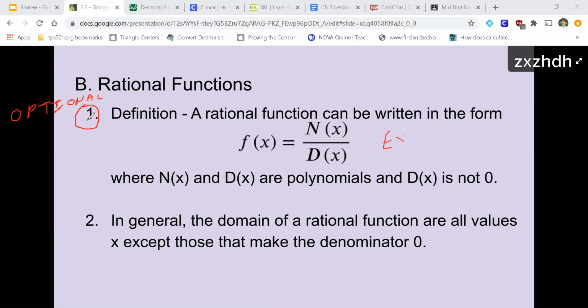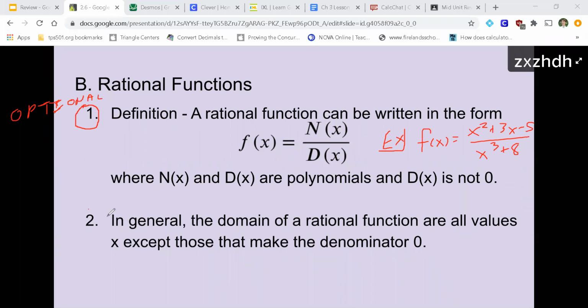So for example, you could probably get by with just writing this example. X squared plus 3x minus 5 over x cubed plus 8. That is a rational function. It's got a polynomial in the numerator and a polynomial in the denominator. Okay?